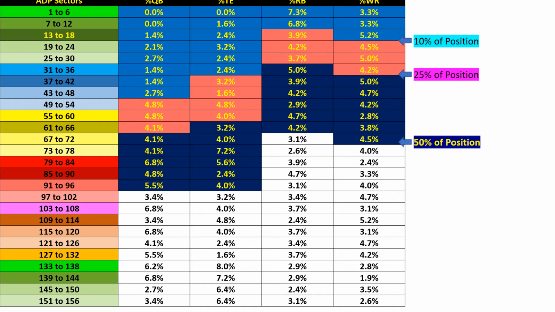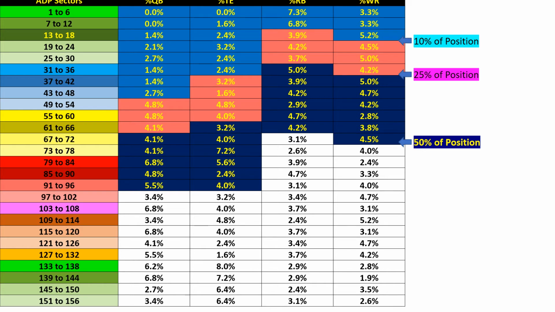I think this chart is of interest. I lined out these sectors in 6s all the way down from the 1st to the 156th pick, and I did eliminate kickers and defenses. Column 1 looks like it got cut off in my PowerPoint slide.